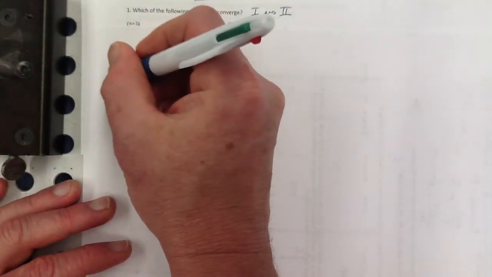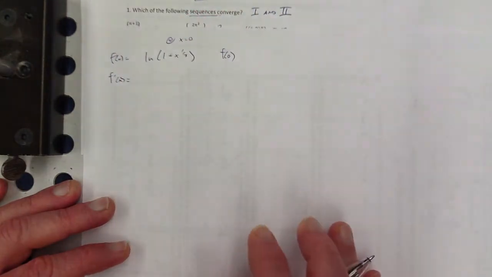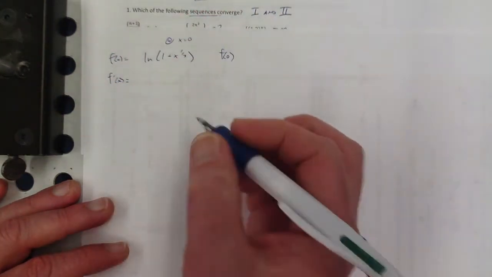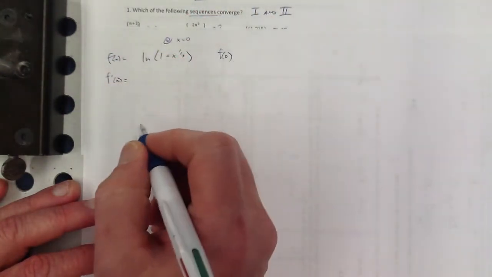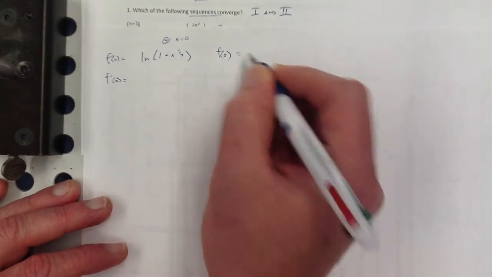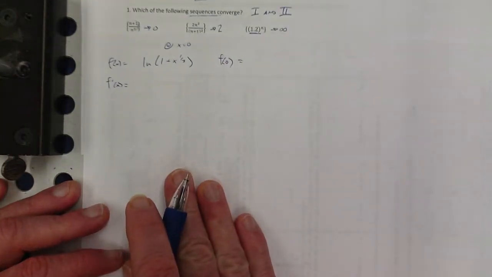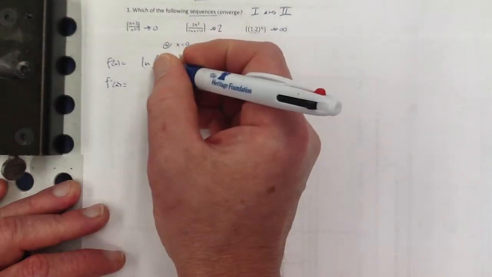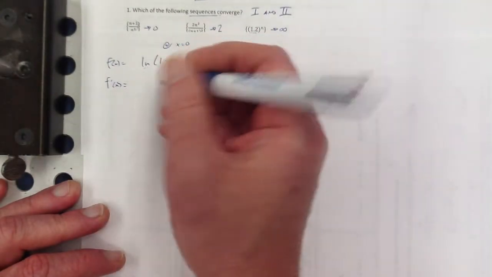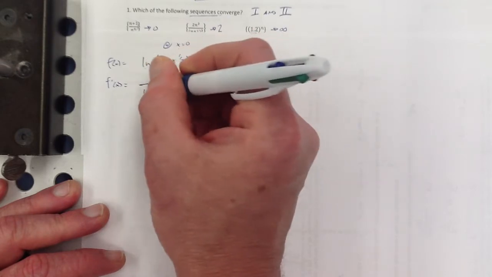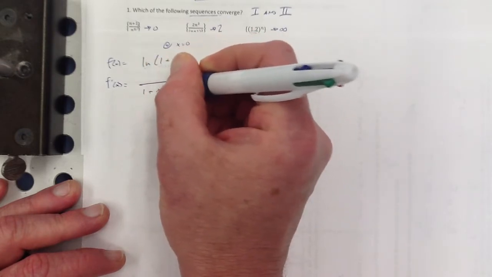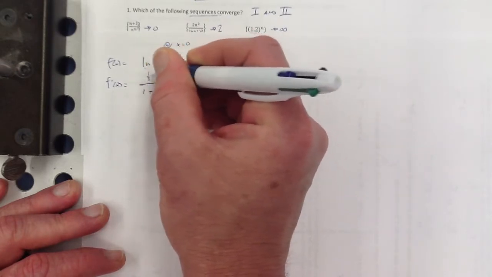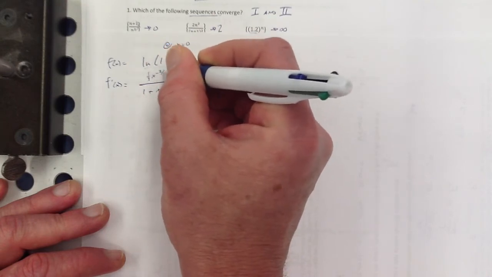So I'm going to have to find the first 4 derivatives of this, or first 3 derivatives, to get those first 4 terms. That looks like it's not going to be super pretty. So here, the derivative of natural log of whatever is 1 over whatever times the derivative of what's inside.